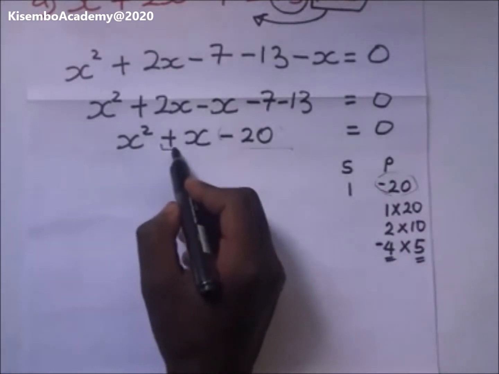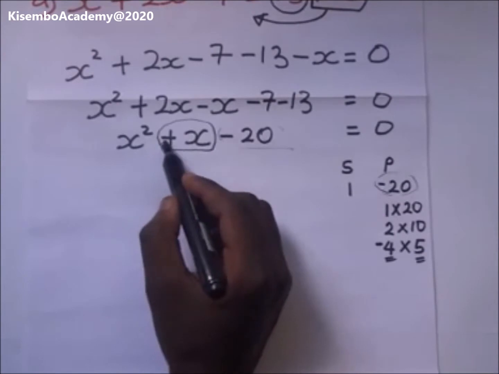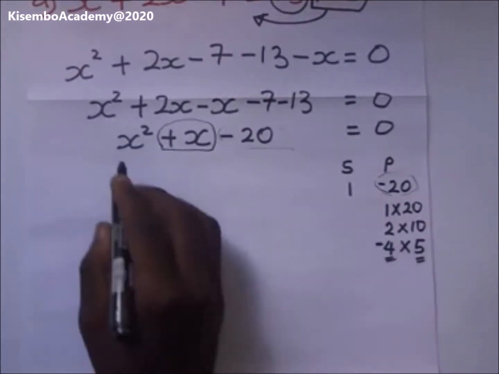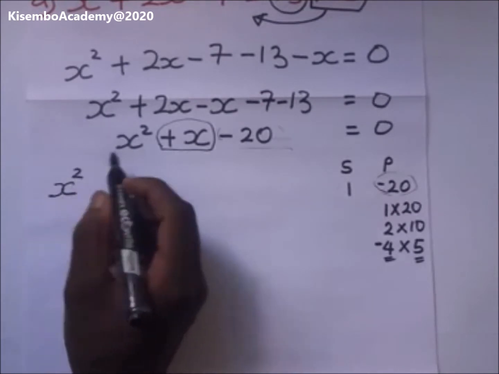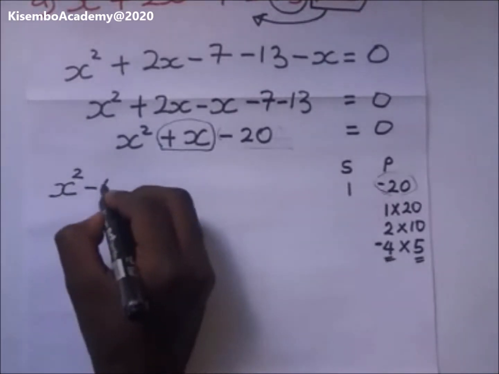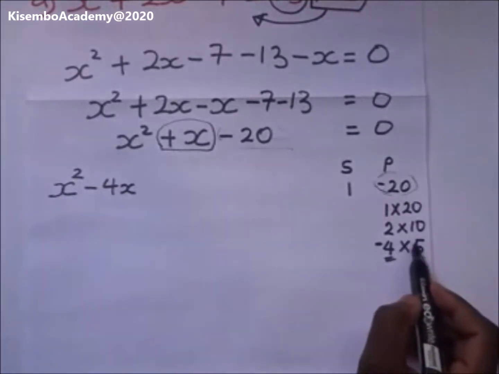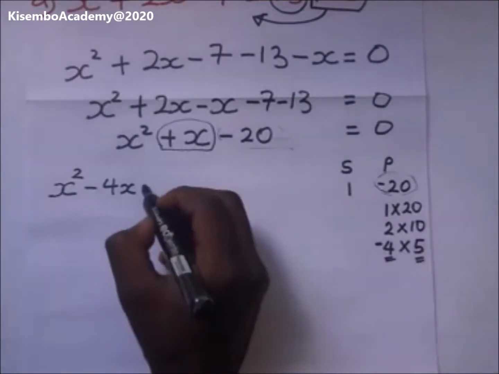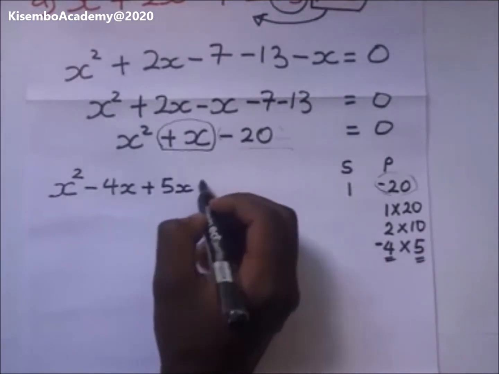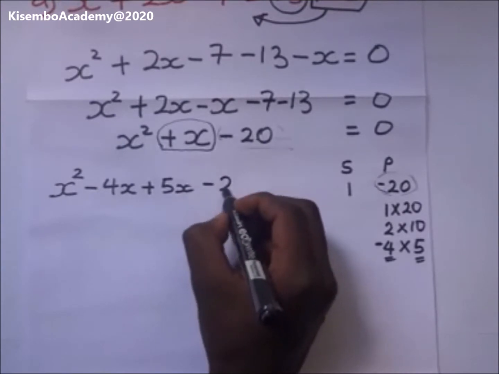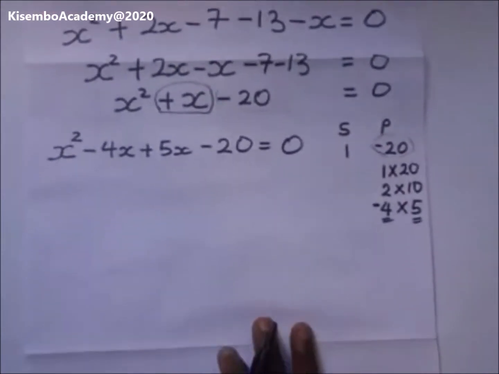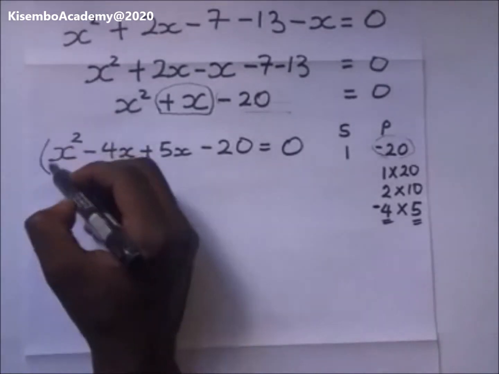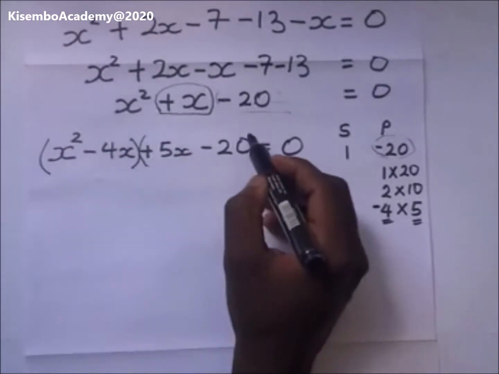We use these two numbers to replace the middle term. So our next step is going to be x squared minus 4x plus 5x, because this is positive 5, minus 20 is equal to 0. So we'll go ahead and factorize. Put this in brackets, put that in brackets.